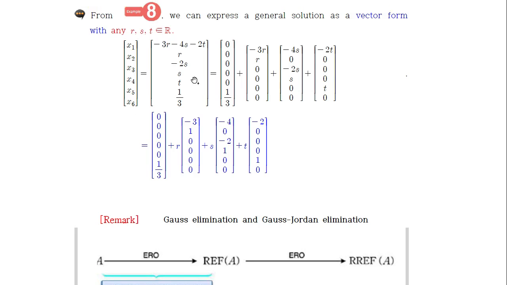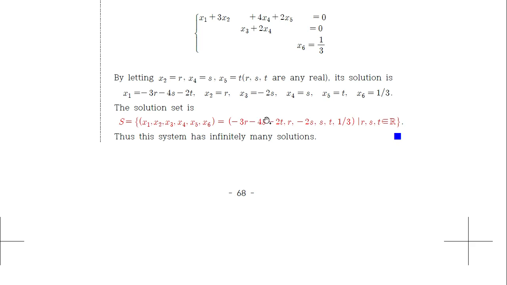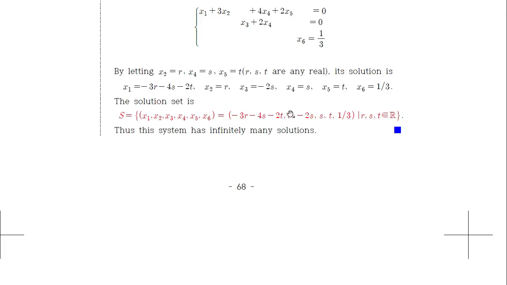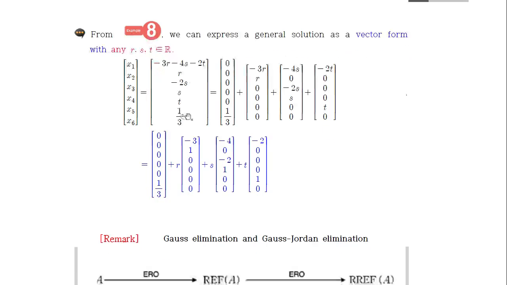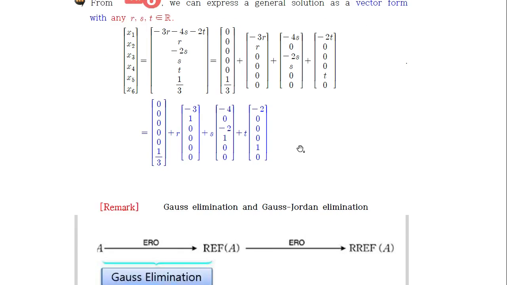You should know how to write this solution as a linear combination of vectors like this in order to express your solution set. From there, you will learn how to deal with the solution set in a better way.